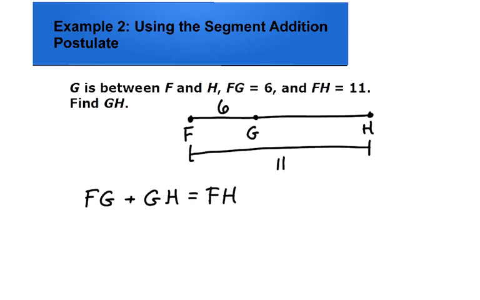So let's plug in what we know and figure out what we don't know, which is what we're being asked for: GH. Plug in FG, that's 6, plus GH, which is in question, equals FH, that is 11. Now if we subtract 6 from both sides, we're going to end up getting GH all by itself.